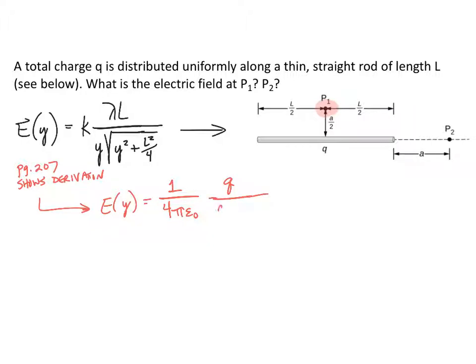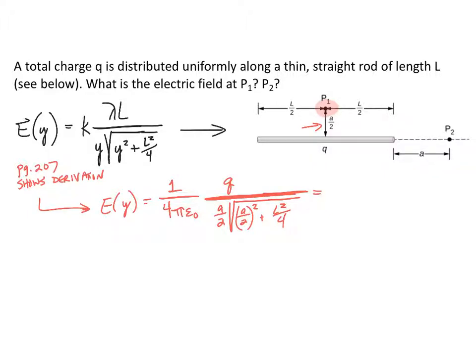So the y direction is a over 2. Looking right here, that's the y distance. And so then I would have that squared. And then the L squared over 4.